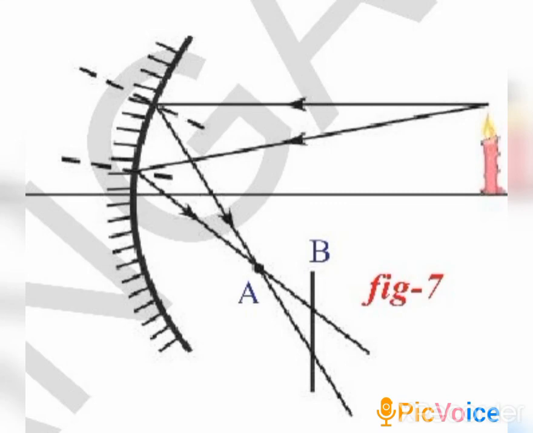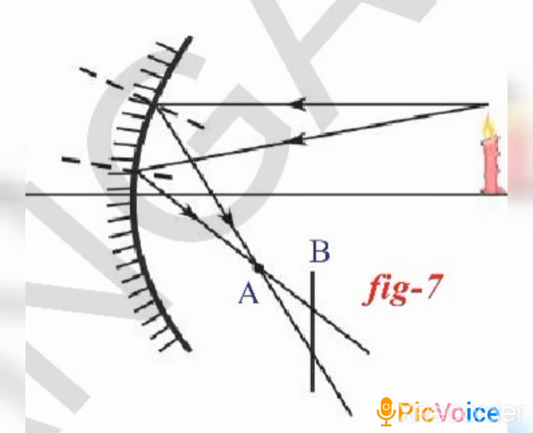In this image, you can find a concave mirror and a candle placed in front of it. There are two incident rays going from the candle and touching the concave mirror, getting reflected. At the point A, the reflected rays intersect each other.